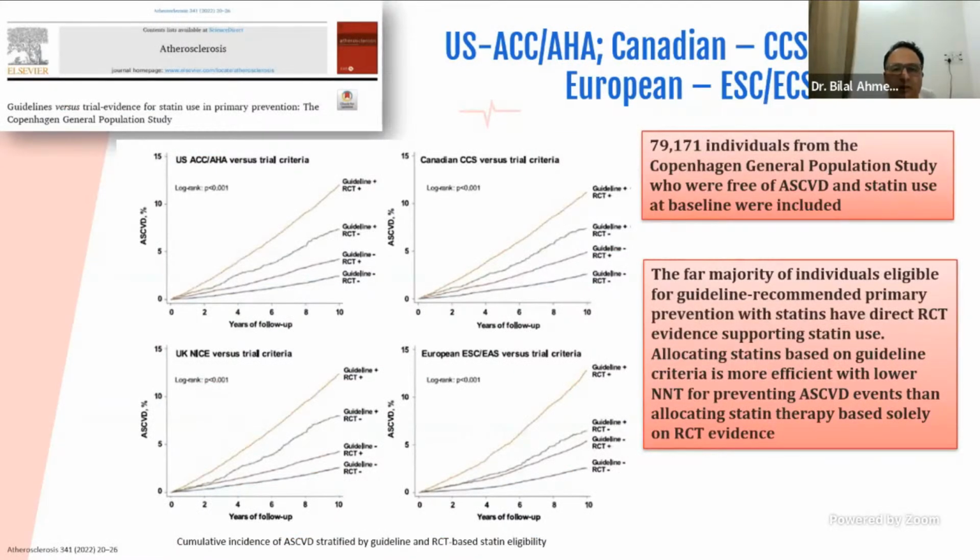As far as the US or Canadian guidelines are concerned, people from the general population with atherosclerotic coronary vascular disease are considered. In the majority of other countries, people who are using statins use them very little or at a very low dose.